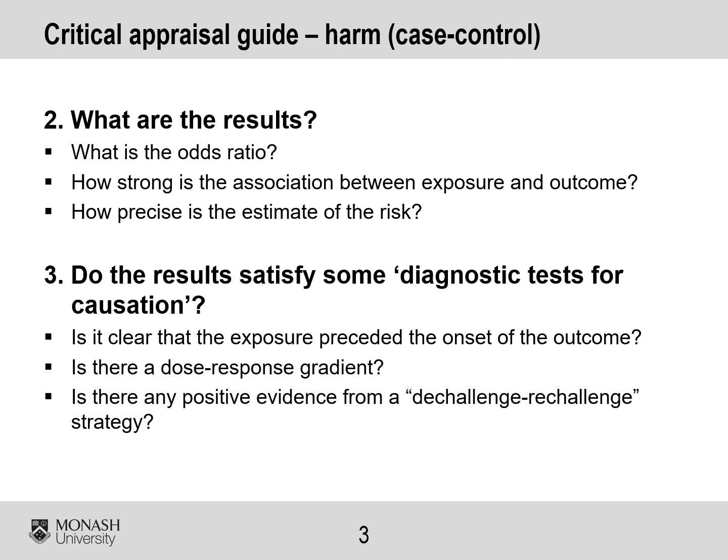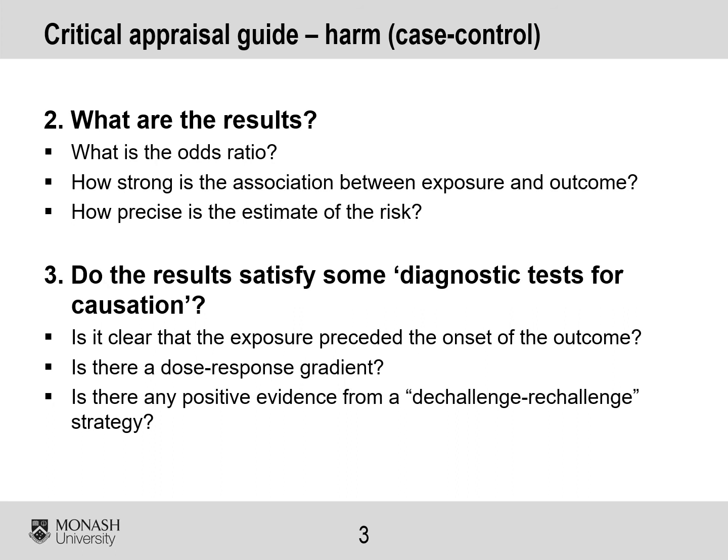The third item is identifying whether or not there's evidence from a de-challenge, re-challenge study. So once again, identifying whether the presence of the exposure causes the outcome of interest. If we're looking at a drug and we give drug A and the patients have gastrointestinal side effects, what happens when we remove drug A? Do the side effects also remove?